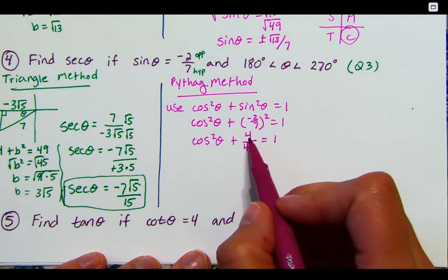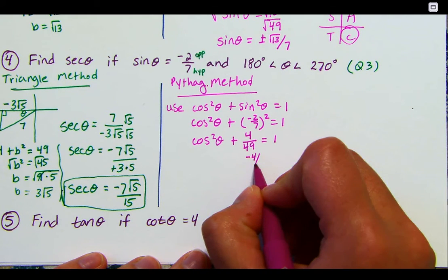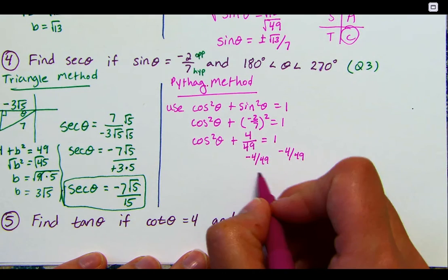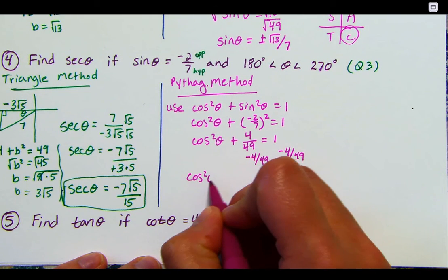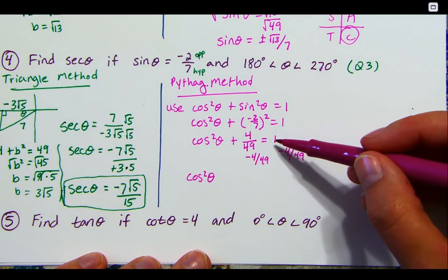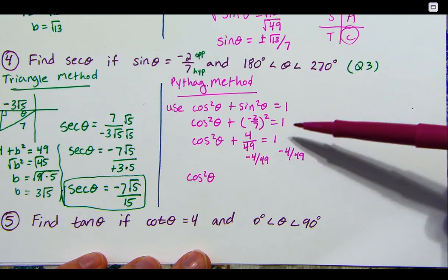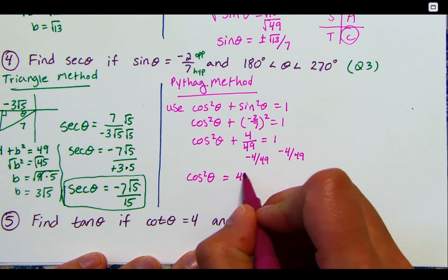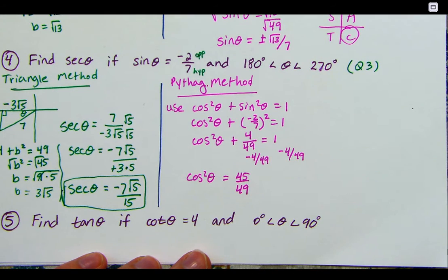Okay. Right, so I'm going to subtract that. Again, you can type that right into your calculator. Or if we have 1 here, this is really 49 over 49. So 49 minus 4 is going to be 45. And then over 49.